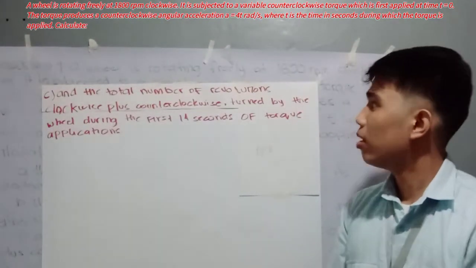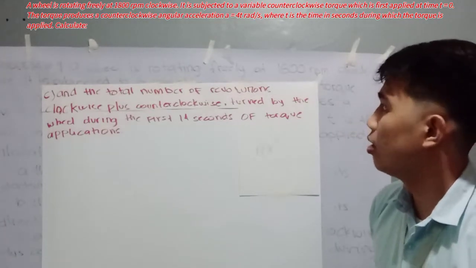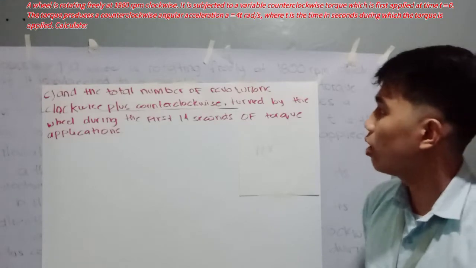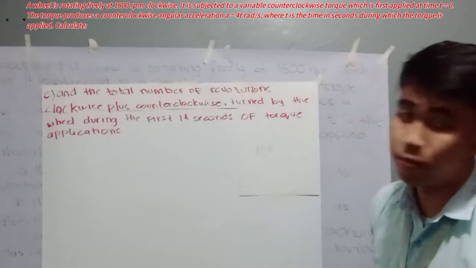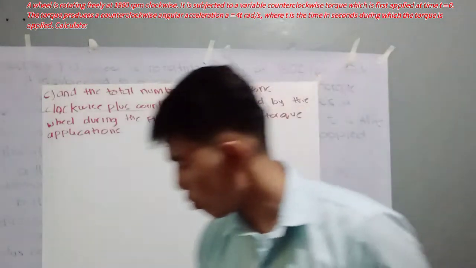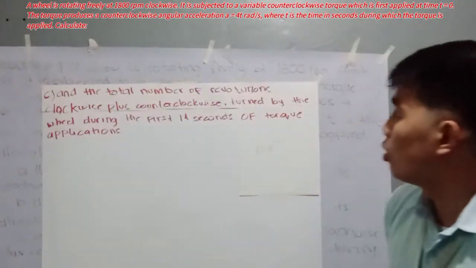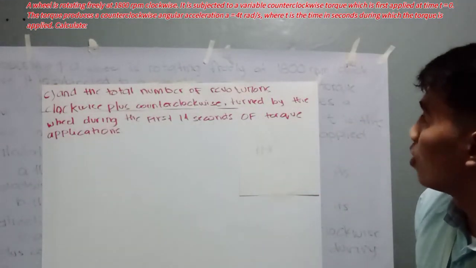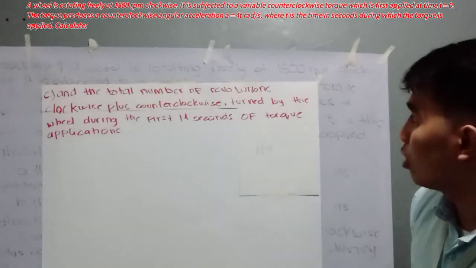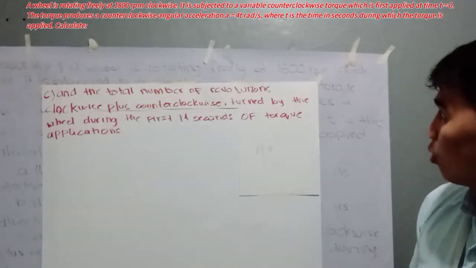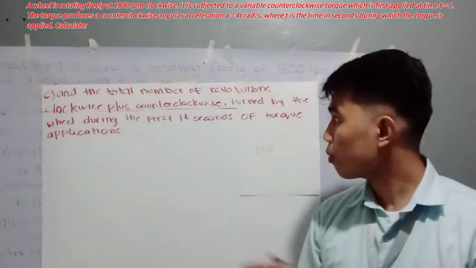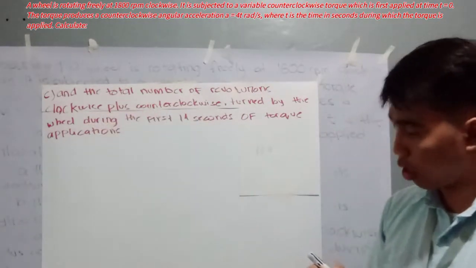C. The total number of revolutions, clockwise plus counterclockwise, turned by the wheel during the first 14 seconds of torque application. First we find the number of revolutions, clockwise plus counterclockwise.